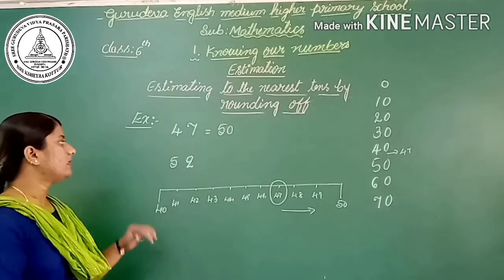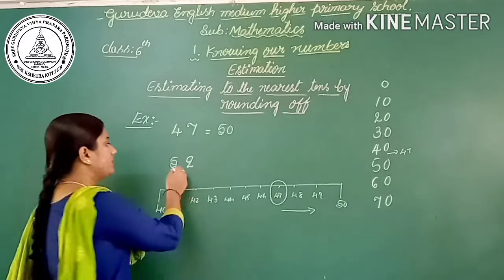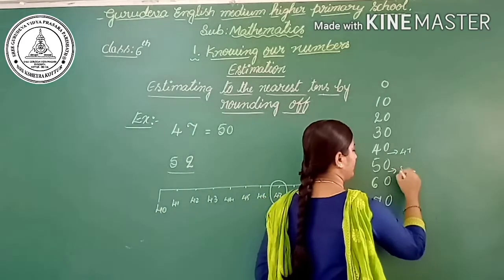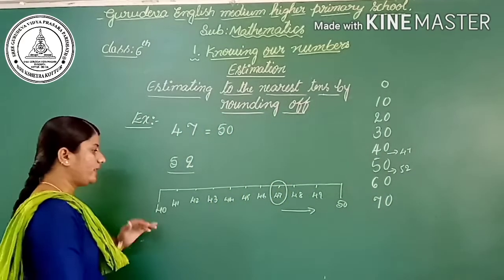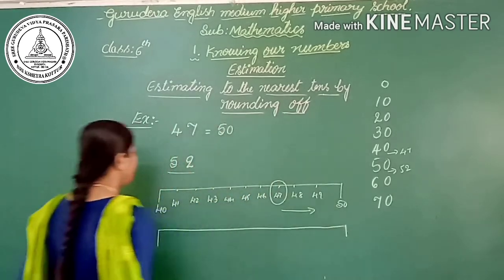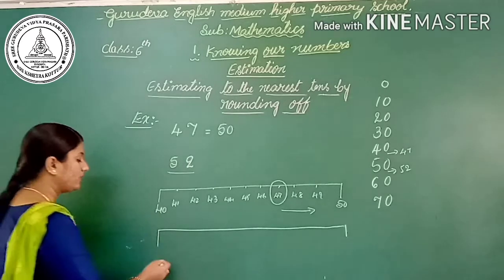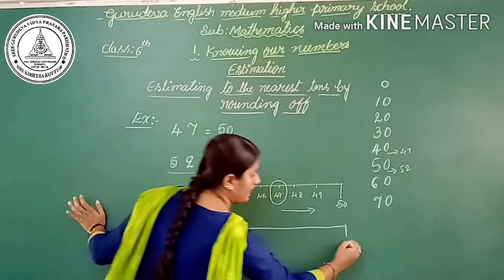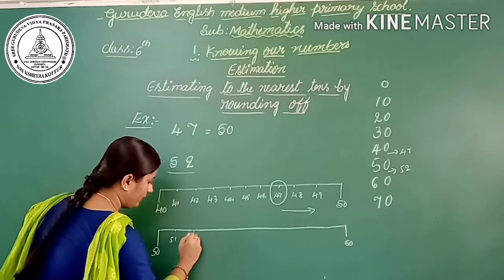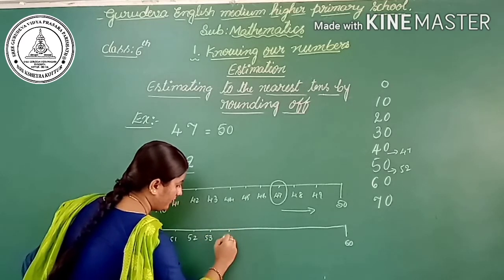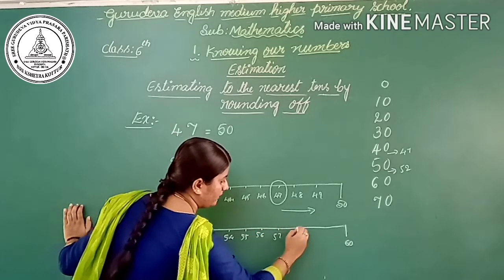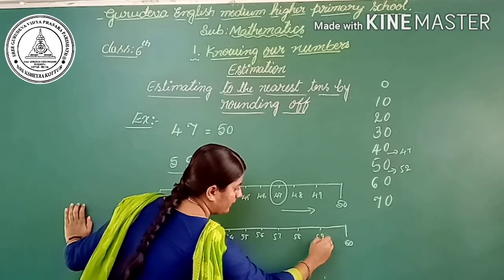Is it clear? Yes. Then the next one is 52. Observe here, 52 comes between 50 and 60. Let's draw a number line. Here the 50 and 60 are the extremes. And let's write the numbers 51, 52, 53, 54, 55, 56, 57, 58, and 59.